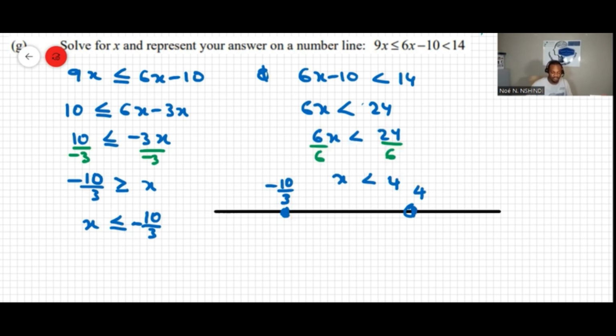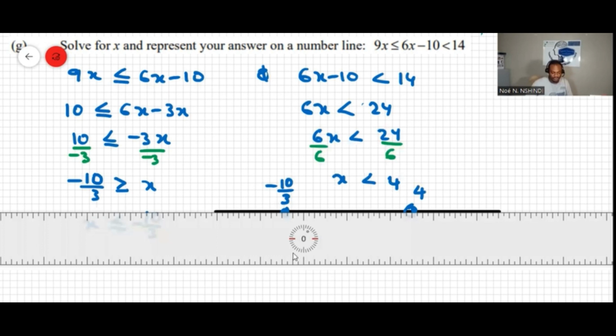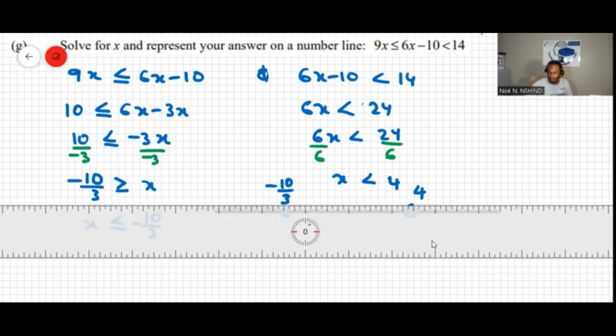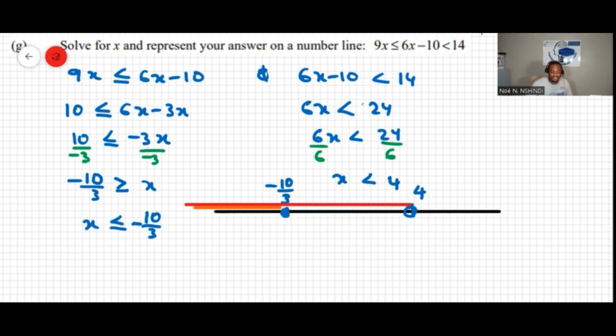Now let me draw my solutions. Lesser than negative 10 over 3 goes this way, and lesser than 4 goes this other way. Now we're going to look at the intersection. Where do they intersect? They intersect over here. This part is where the solution is.